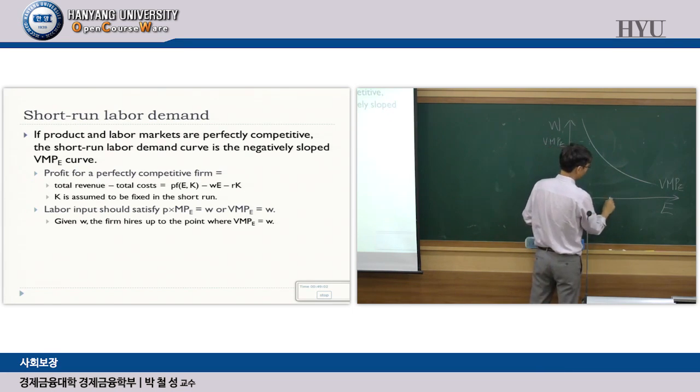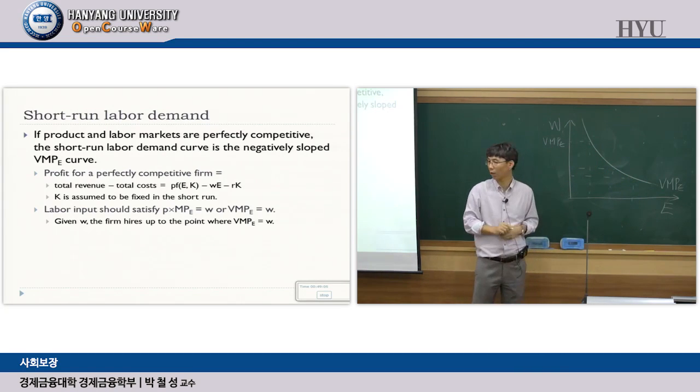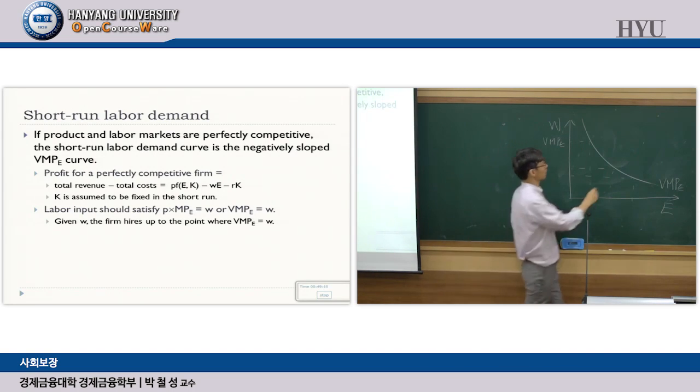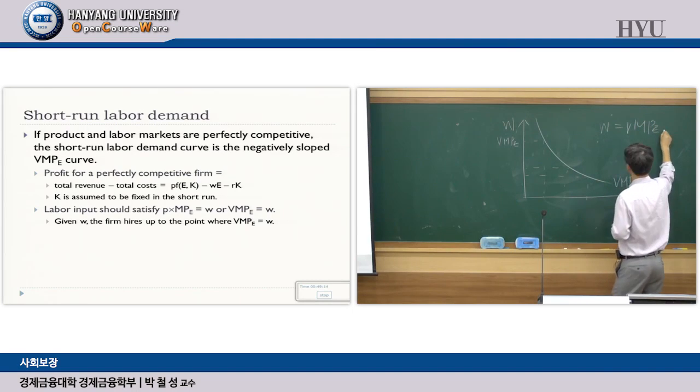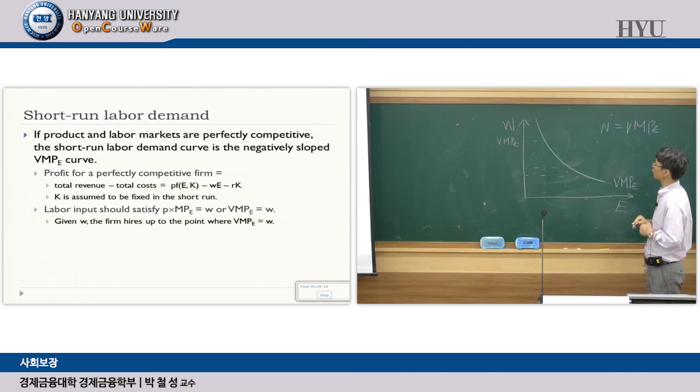And if the labor input increases, then the value of marginal product of labor is going to be smaller. And then the profit maximization rule tells us that the optimal labor input is to make that VMP equal to W.